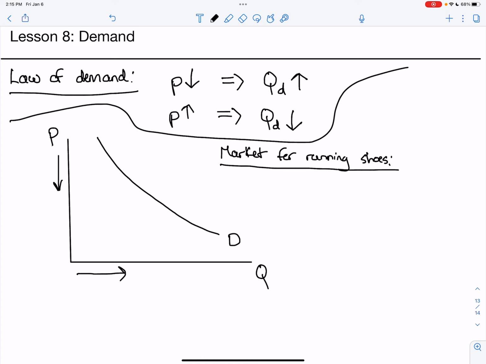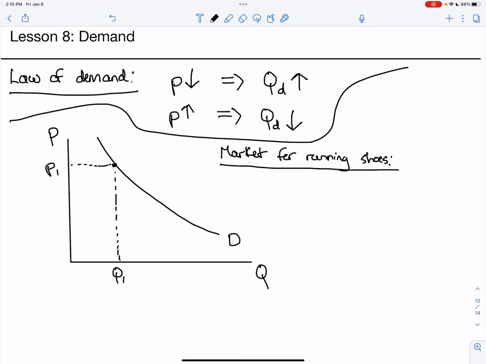But the point is, if the price of running shoes were this up here, let's say, call this P1, then the quantity demanded of running shoes would be Q1, okay?